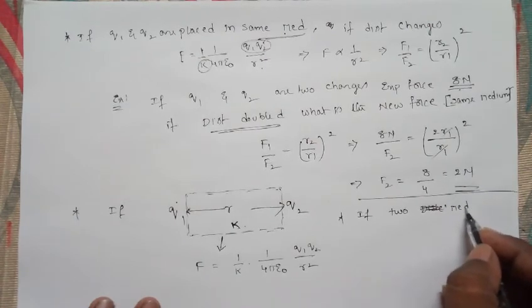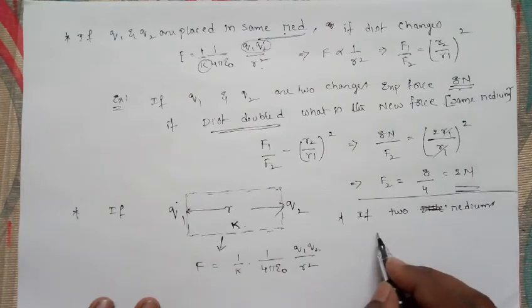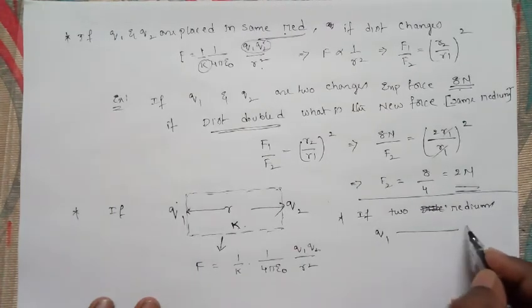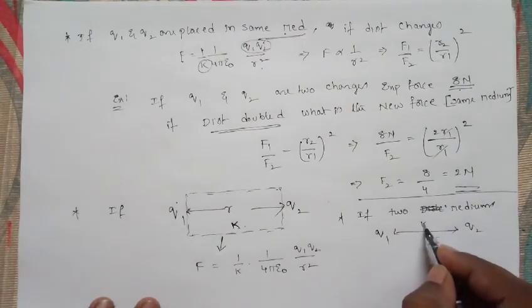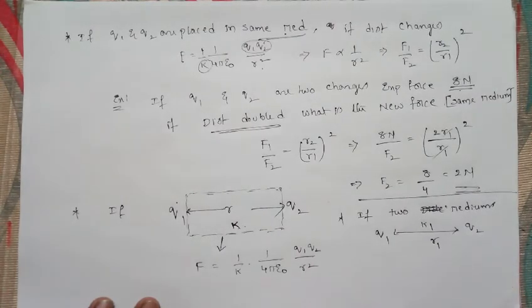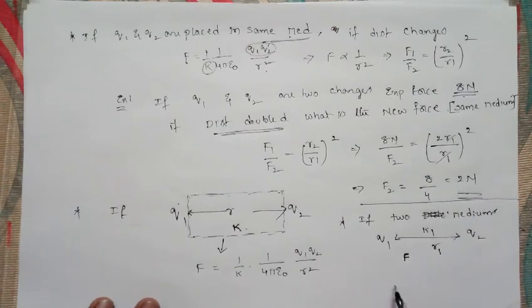Here Q1, Q2, separation is R1, medium is K1, and the force is F. In the same way here Q1, Q2 charges, the medium is K2, distance is R2, but the force should be the same.